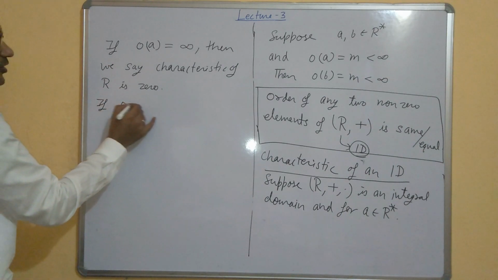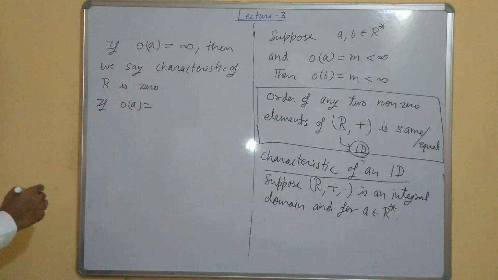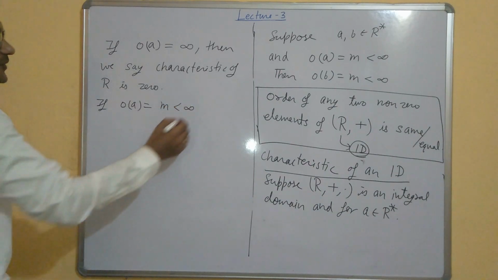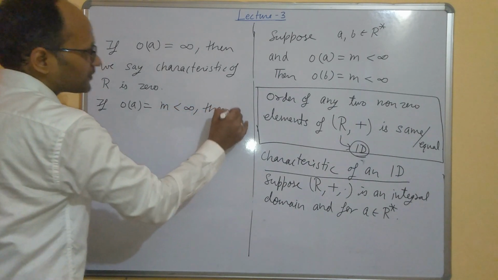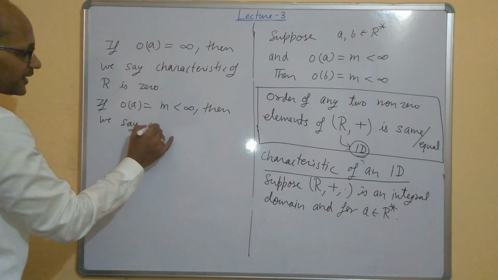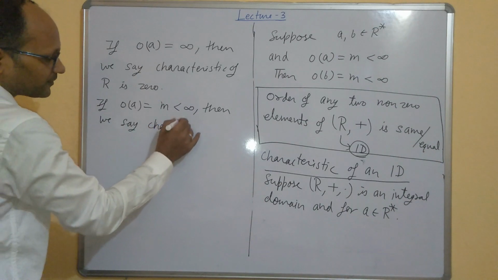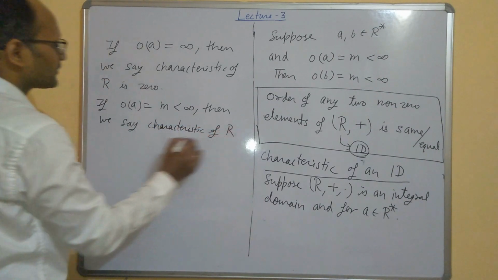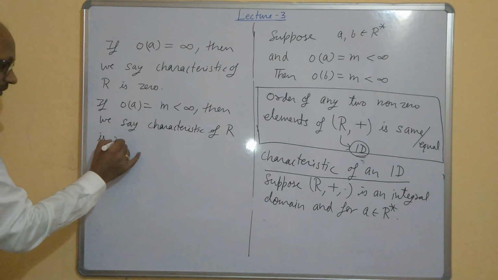If the order of a is equal to m, some finite number, then we say the characteristic of R is m.